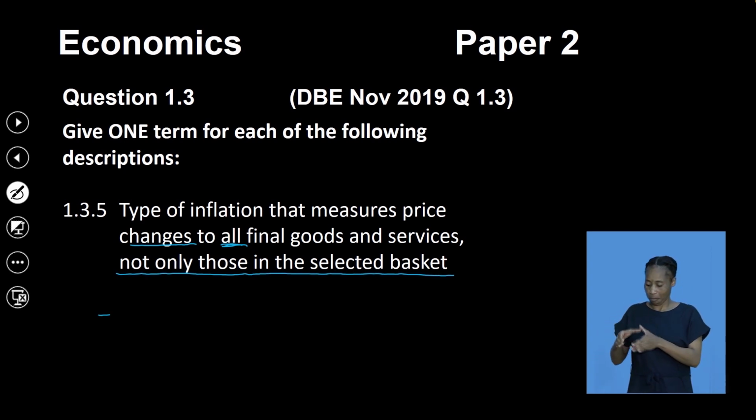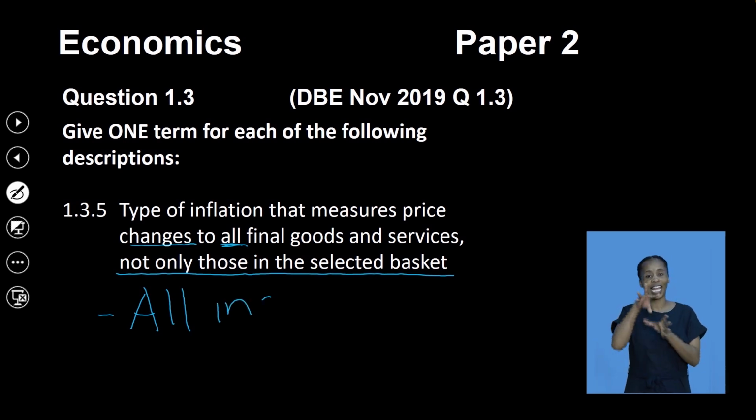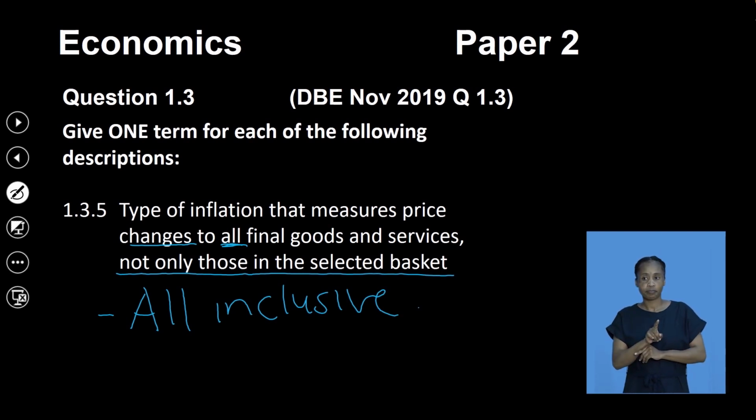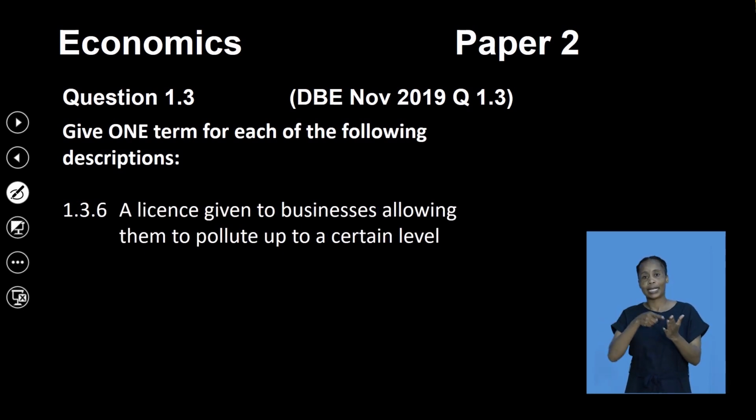So this type of inflation is called all-inclusive inflation. It looks at all final goods and services, not just selected goods in the basket. Remember again, revisit your inflation, a very important topic for the exam. Let's look at our last question for this segment.